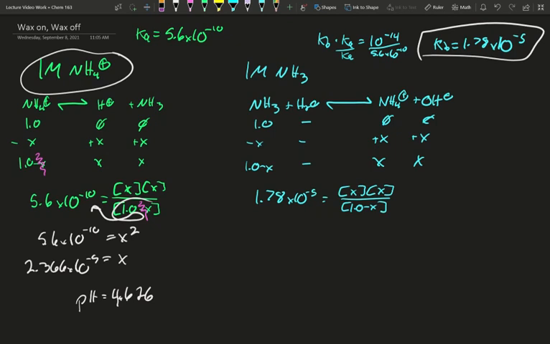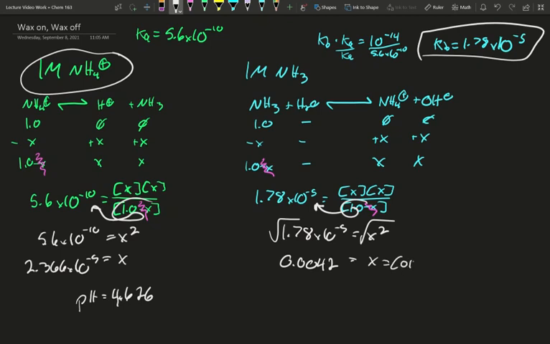Well, 10 to the minus 5 is pretty small versus our starting concentration. So again, we can probably assume that minus X is too small to really change that 1.0. And so no quadratic needed. We can solve out the hydroxide concentration. 1.78 times 10 to the minus 5 must equal x squared. Again, multiply my 1 up, same value. Take the square root of both sides. X equals 0.0042.